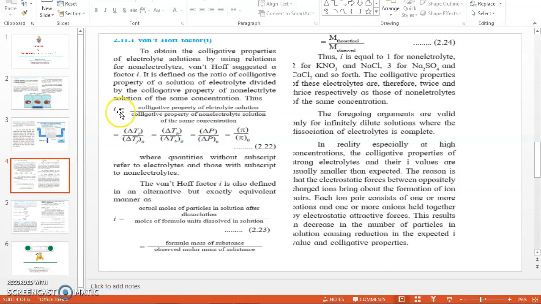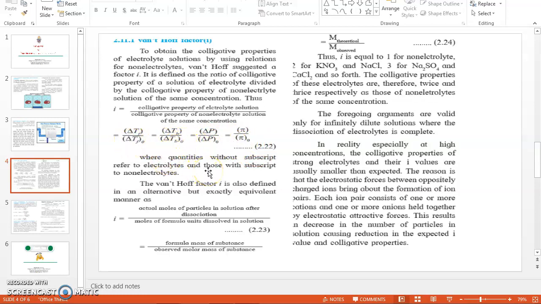Thus, we can write mathematically i, the van't Hoff factor, is equal to the colligative property of the electrolyte solution divided by the colligative property of the non-electrolyte solution of the same concentration. i is nothing but ΔTf divided by ΔTf0, depression in the freezing point, elevation in the boiling point, lowering of the vapor pressure, and π, the osmotic pressure. These are four properties which are equal.